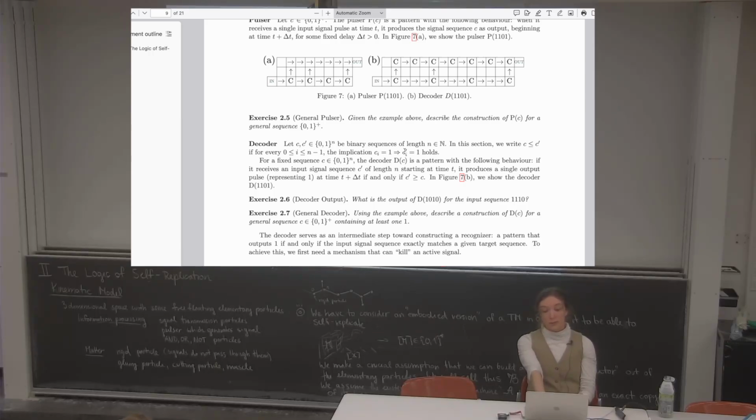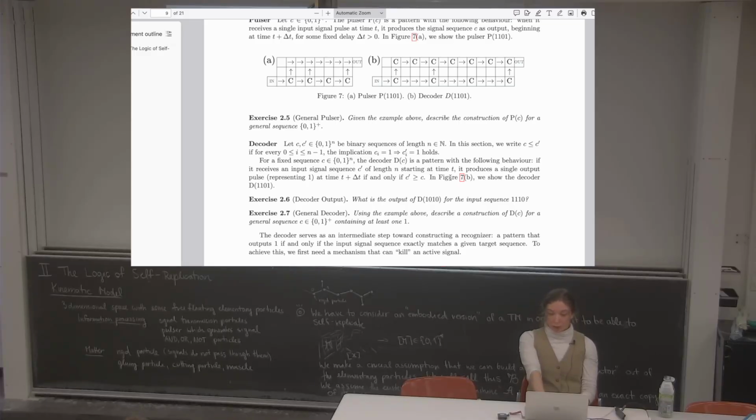And the decoder will act as follows. For some fixed sequence C of length n, which is non-zero by the way, the decoder DC is a pattern with the following behavior. If it receives an input sequence C prime of length n, it produces a single pulse at some time t plus delta t for a fixed delta t, if and only if this input sequence was greater or equal to C.